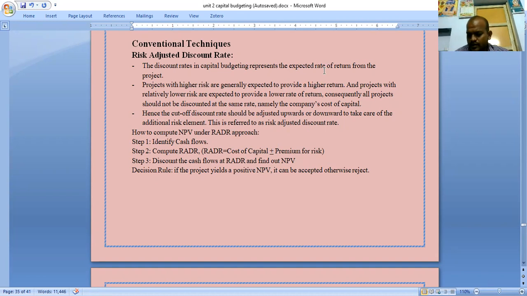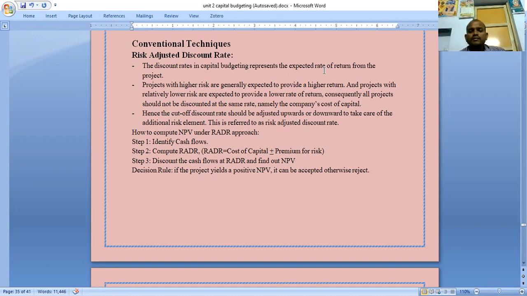And if we compare with the statistical techniques, what those techniques are suggesting, if project has high risk involvement, don't consider the project, and it is not preferable according to those statistical techniques.